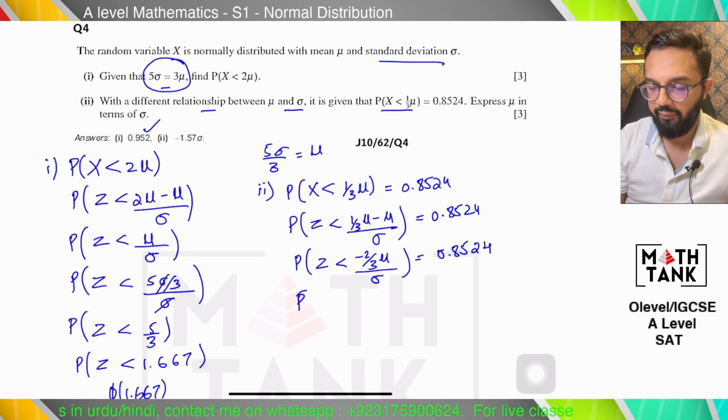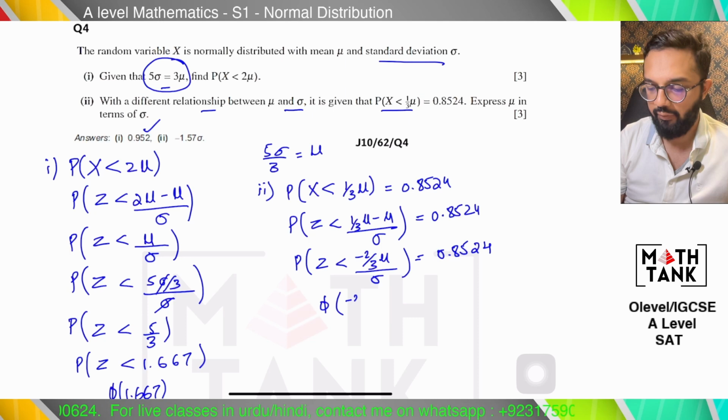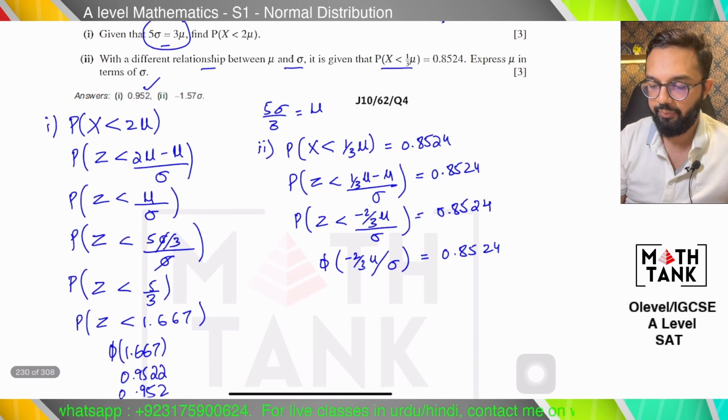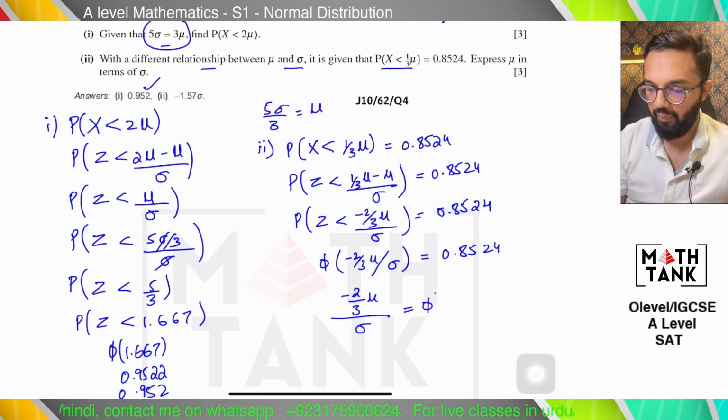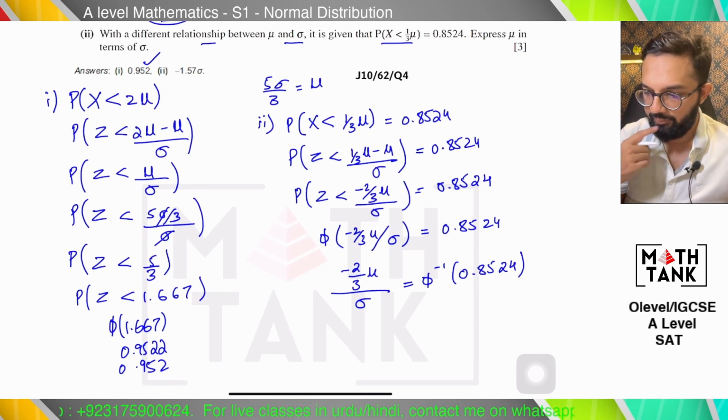So probability of phi of minus 2/3 mu over sigma equals 0.8524. Okay, so minus 2/3 mu.